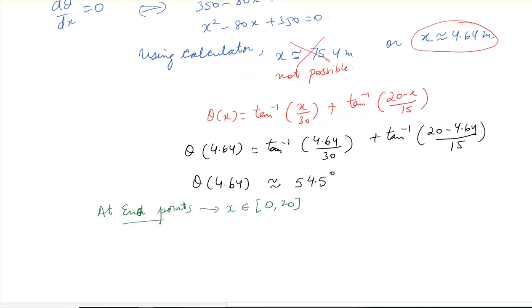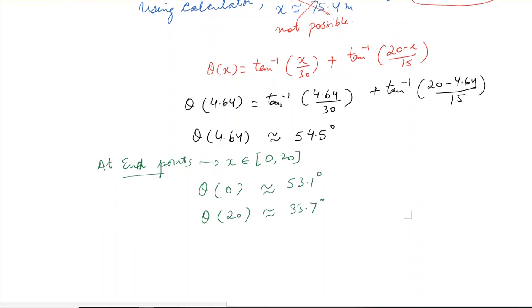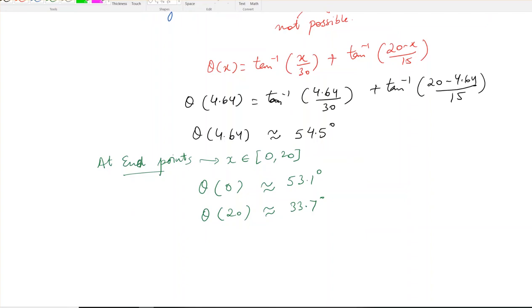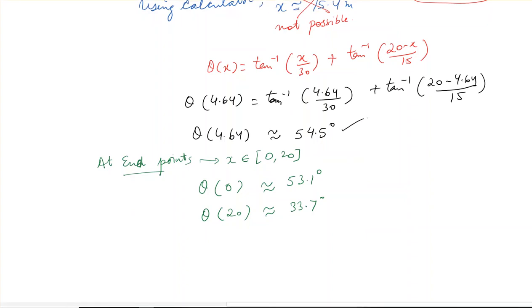So we plug in x equals 0 and we get an angle of approximately 53.1 degrees. If you plug in x equals 20, you will see that you get an angle of approximately 33.7 degrees. Out of all these values, the maximum viewing angle is this one.